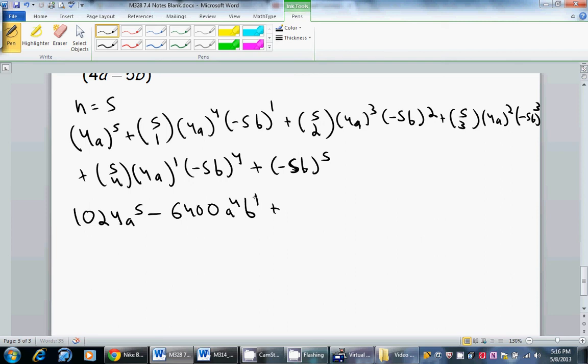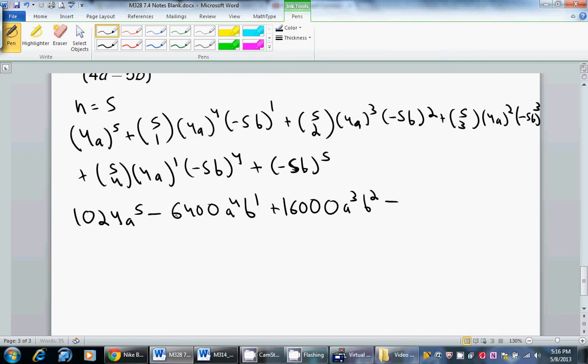Plus my next term, negative 5 squared is going to be a positive, so I don't have to worry about that. That's going to be 25 times 4 cubed times the binomial coefficient of 5 and 2, and this is going to be 16,000, excuse me, a cubed b squared.